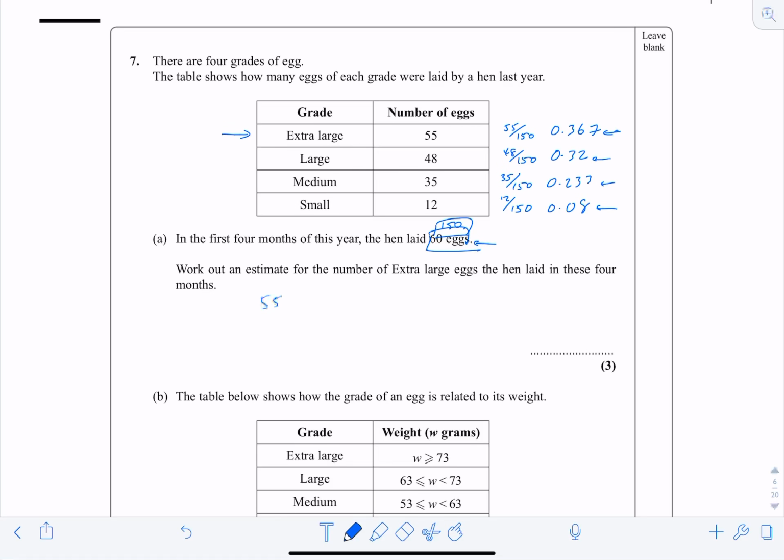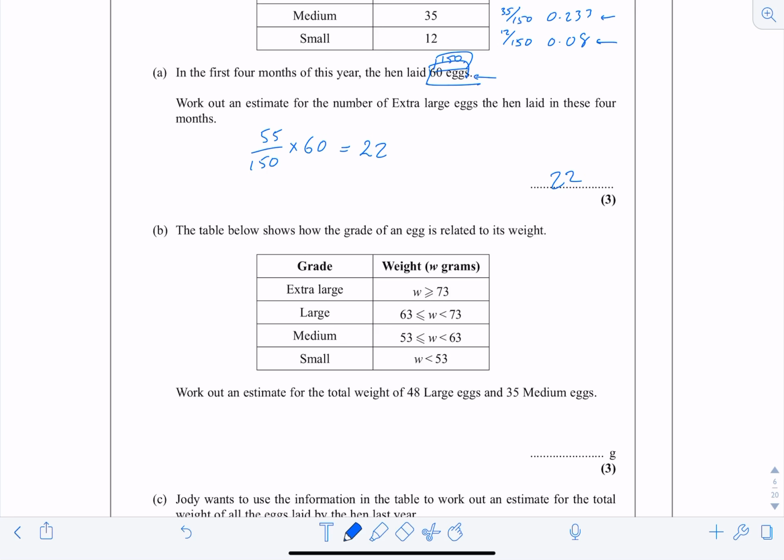So I'm going to do 55 over 150 times 60, which equals 22. So my answer here is 22. It might be right, it might be wrong, but it's a good estimate.